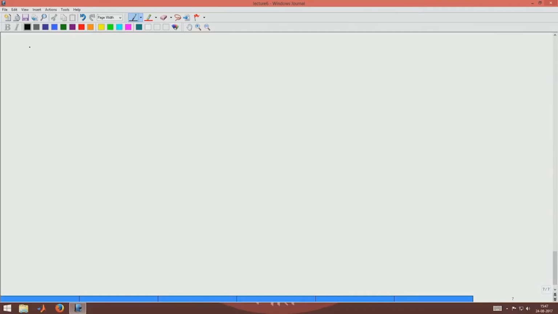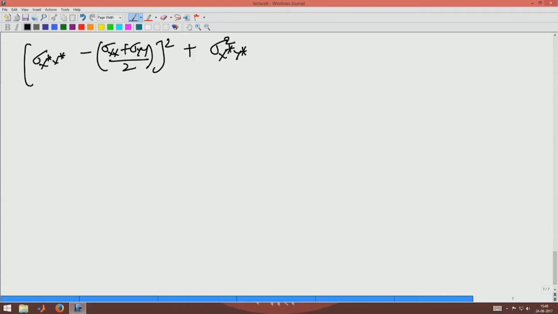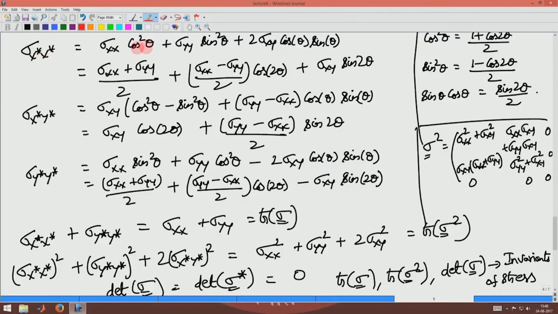First thing is, I look at this equation: sigma x star minus sigma xx plus sigma yy by 2, the whole squared, plus sigma x star y star squared. I want to compute this based on the equations that we had before. I square these terms and add them.